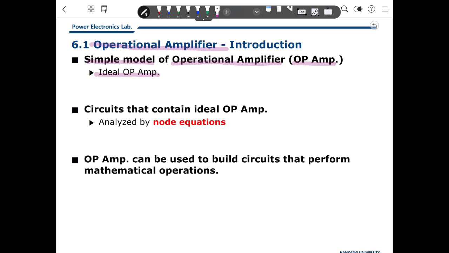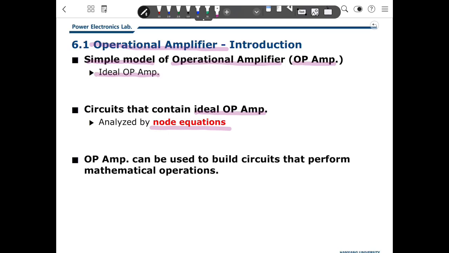We'll introduce a method to analyze an electric circuit when the circuit has the ideal op-amp. The procedure is node equation. We should use node equation.